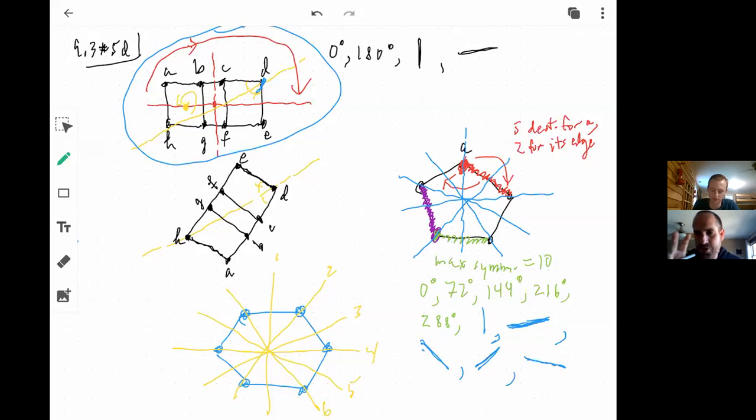A translation would move it from one place to another place. The thing is, I want to be able for you to go out of the room, for me to do the symmetry, and then you come back and ask, what did you do? The only way you would be able to tell the difference is if I were to label the vertices or color them or something, right? I want you to be able to leave the room, me do the symmetry, and you come back in and say, what did you do? You didn't do anything. That's the definition of a symmetry.